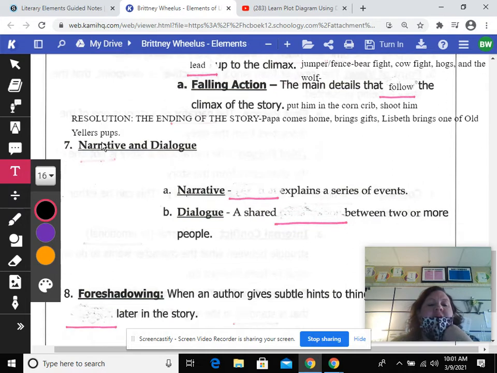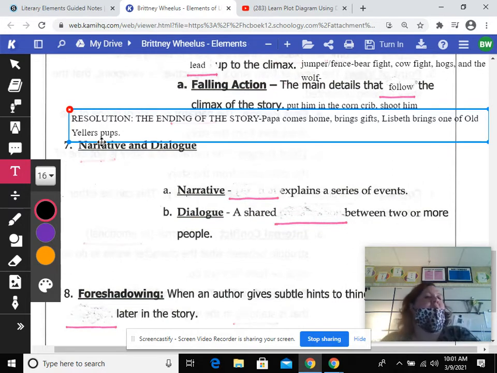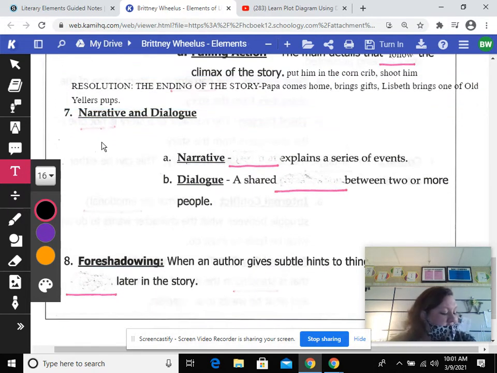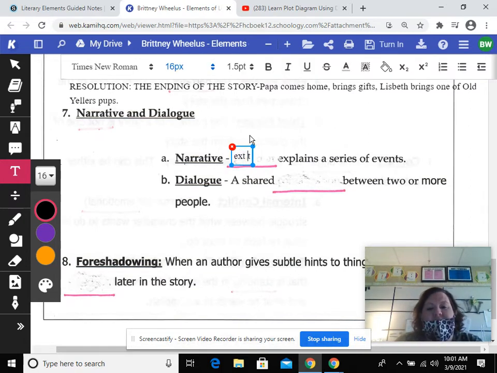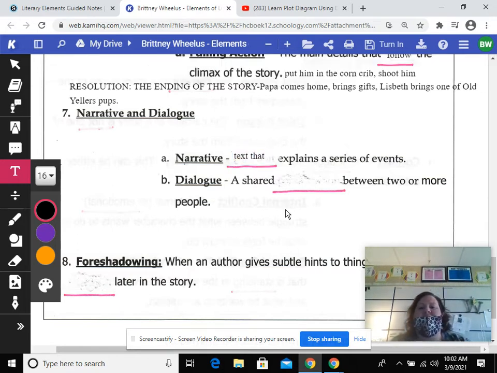All right, narrative and dialogue. Okay, both of these terms deal with speaking and writing and interaction, but one is something that you just read and the other is a conversation that you read between people. Okay? So narrative is text that explains a series of events.